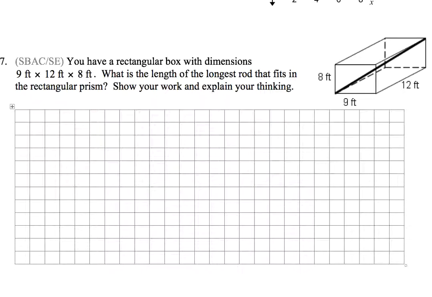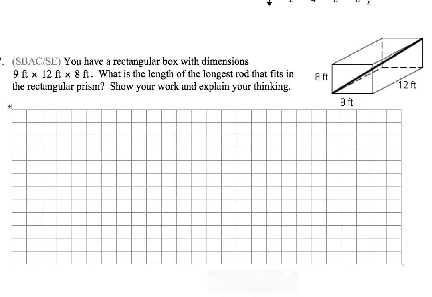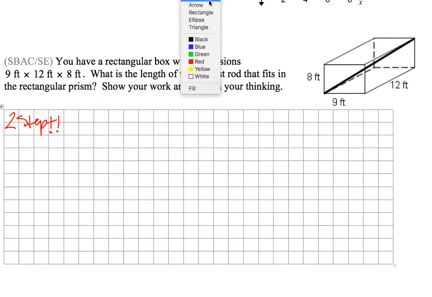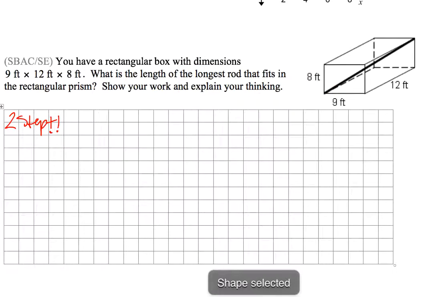What is the length of the longest rod that will fit in this rectangular prism? This is a two-step question. This rod up here, I'm going to make it red. Not yellow, let's do red.